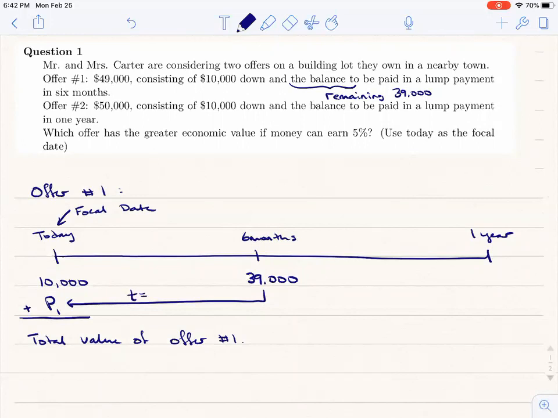The distance of the arrow is 6 months, so 6 out of 12, because time is always in years. So 6 divided by 12, and the rate is 0.05. I'm just going to jot it down somewhere so I have it.